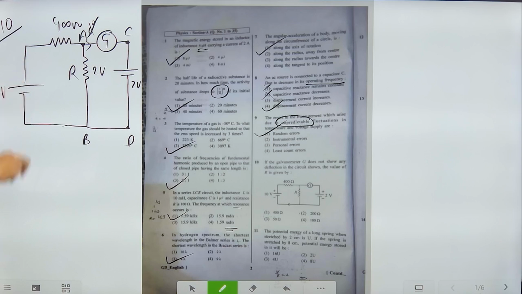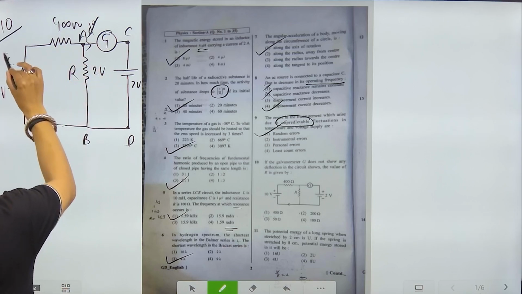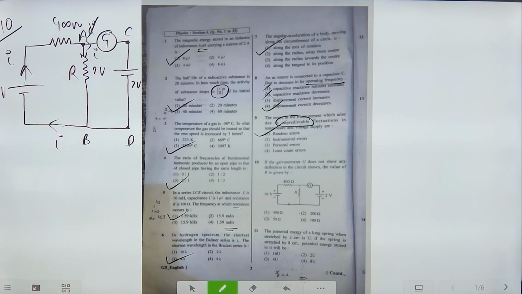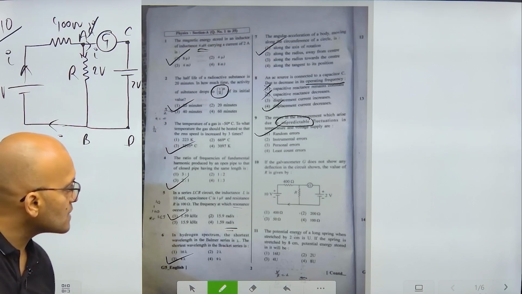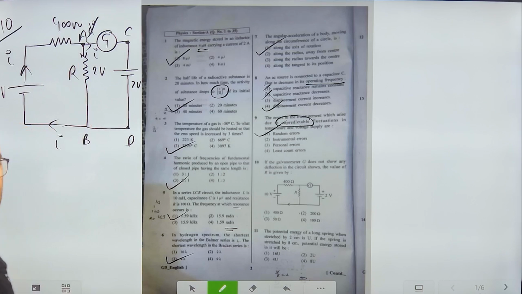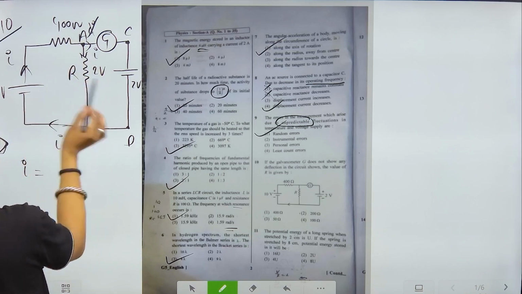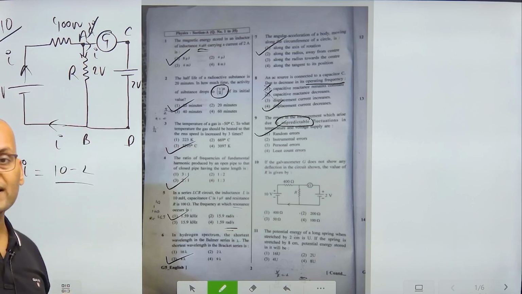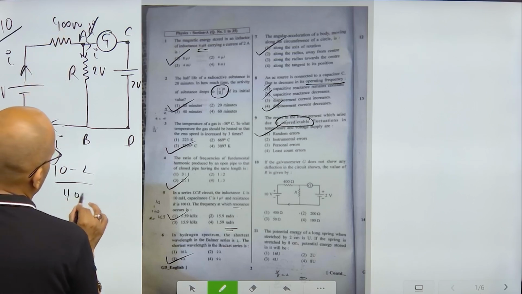Now the current will start from this battery and it will flow down. That's how current is going to flow. What I need to do is find the value of R. Now please see, current will be 10 minus 2, current is equal to V upon R. So current is flowing through this resistor, that is 400.